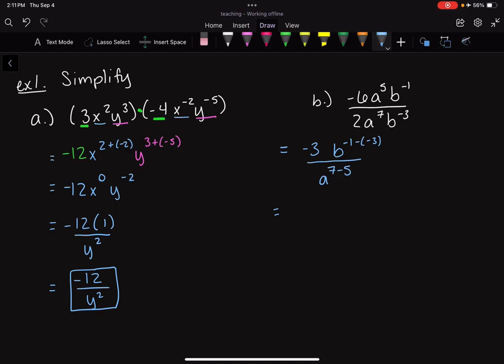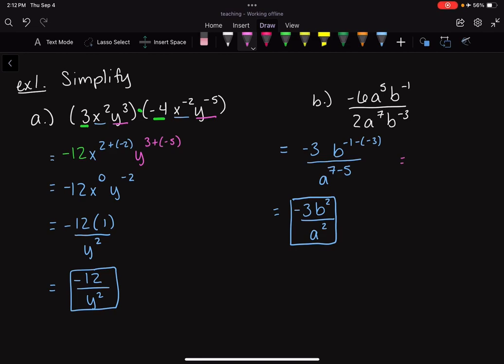And then I'm going to fully reduce. So this would be b squared over a squared. And this is fully reduced. We have all positive exponents.